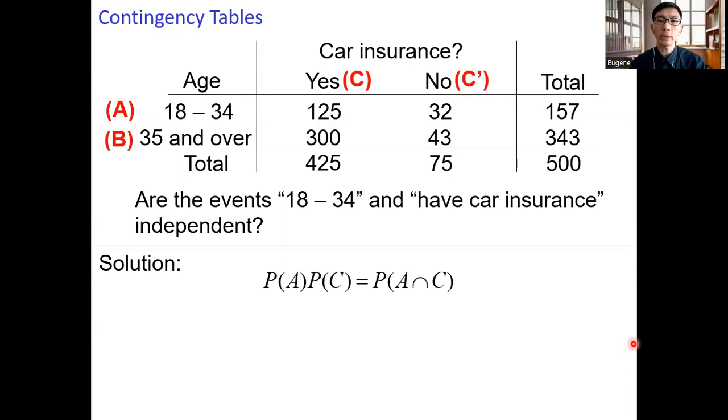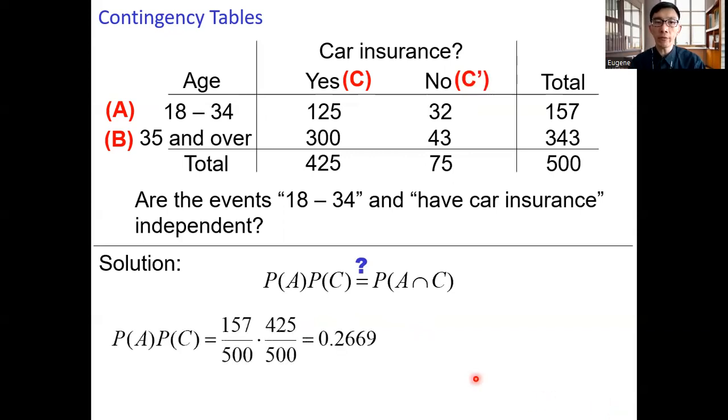Here I make use of the condition that the probability of A times the probability of C equals the probability of A and C. If this condition holds, then we can say that the two events are independent. So this is what we need to check.